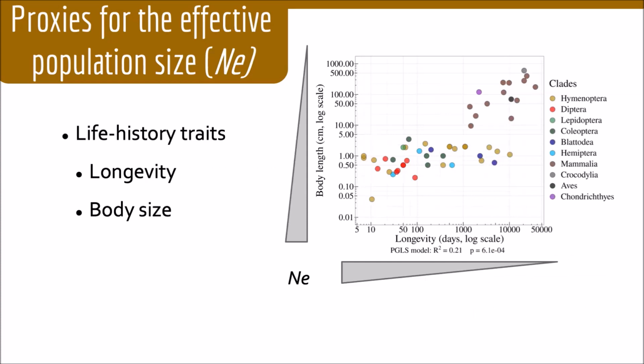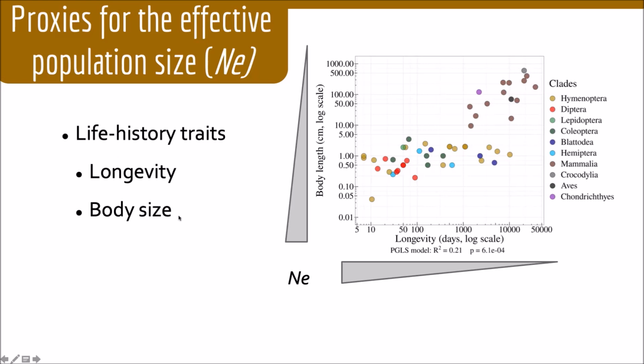Okay, so we have measures of the alternative splicing rate. We now also need to estimate the effective population size. For most of the species that we analyze, we do not have any estimate of the level of polymorphism. So the only proxies that we could use for the effective population size were life history traits.